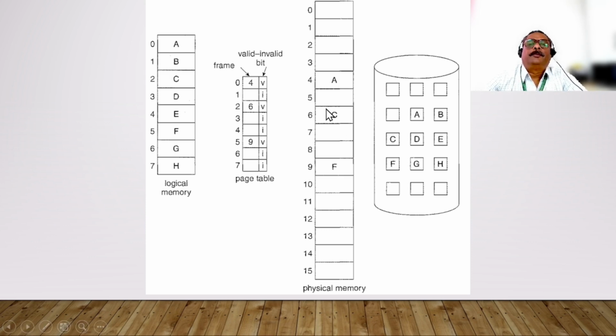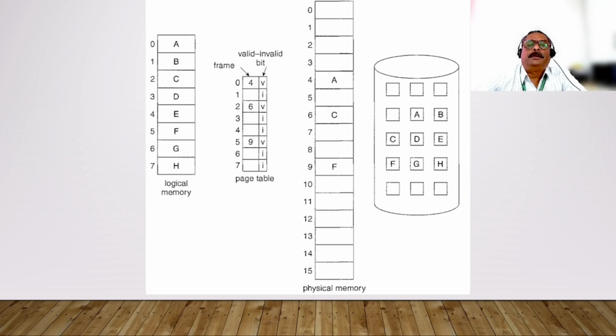It says go to page C, then look for page C. Page C is in the logical page number 2. So in logical page number 2, it is valid, and it is in the frame number 6. So go to frame number 6, and with the displacement, go to that particular line and start or continue execution and so on.